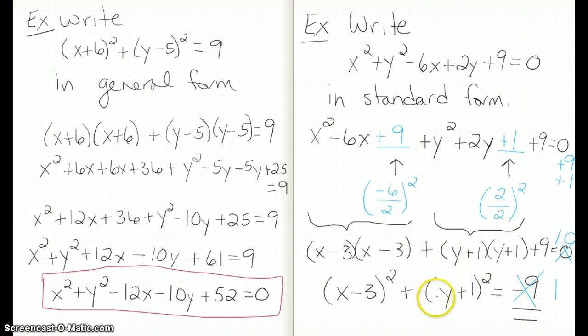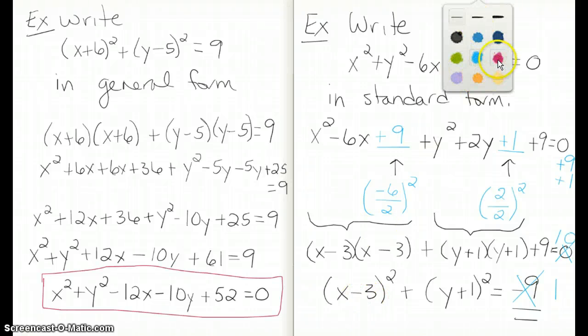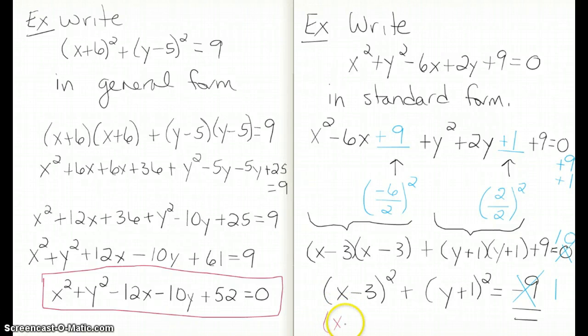So our correct equation will be x minus 3 squared plus y plus 1 squared equals 1, right? Good. And that makes much more sense, a positive number right there.